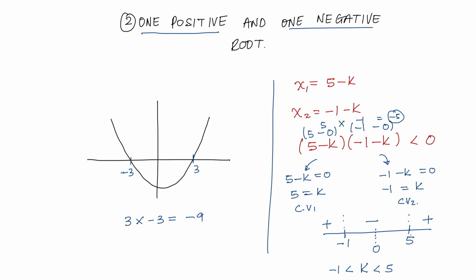Now let's go to our question. So our question says, determine the values of d such that half (x plus d) all squared plus 2 into (x plus d) minus 5 is equal to minus (x plus d) plus 3, so it will have one positive and one negative root.